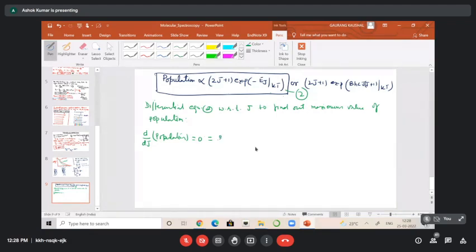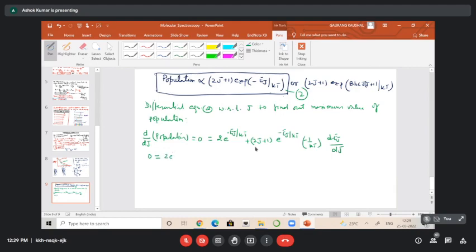So it will be 2 e raised to power minus ej upon kt plus 2j plus 1 e raised to power minus ej upon kt into minus 1 upon kt dej upon dj.